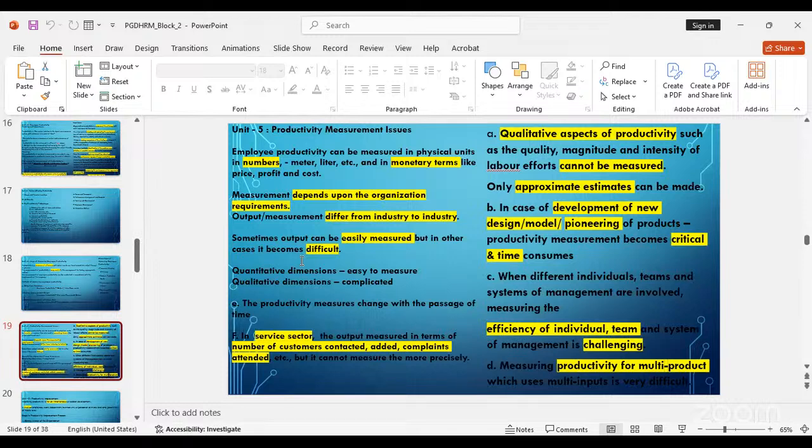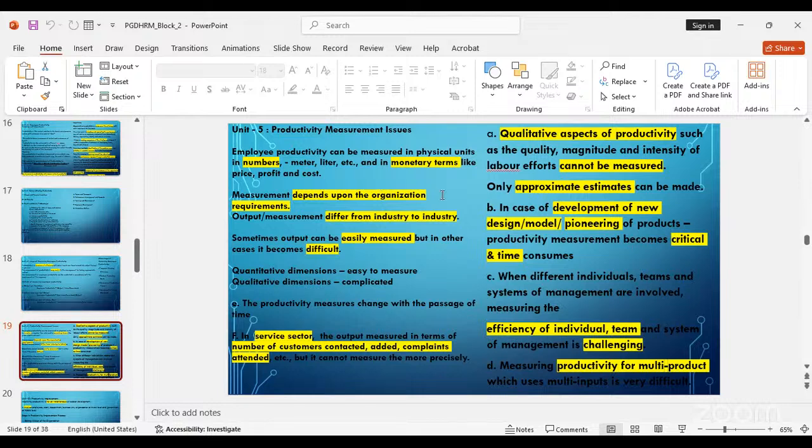Okay, what are the challenges the HR department will face while doing this productivity measurement? What are the issues related to this? Usually the measurement is done in physical units, like numbers or liters or meters, etc. And probably here we can look into monetary terms like price, profit, and cost.